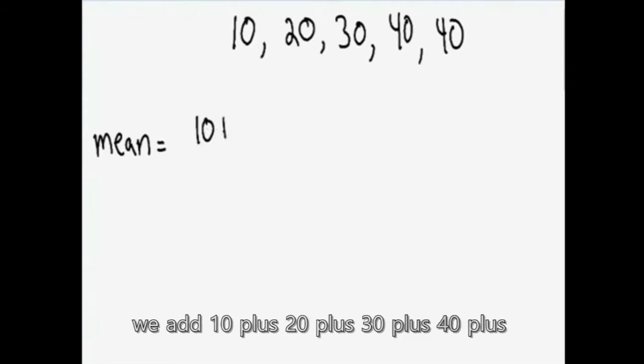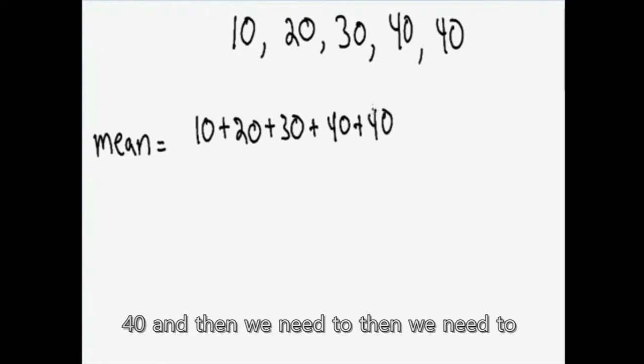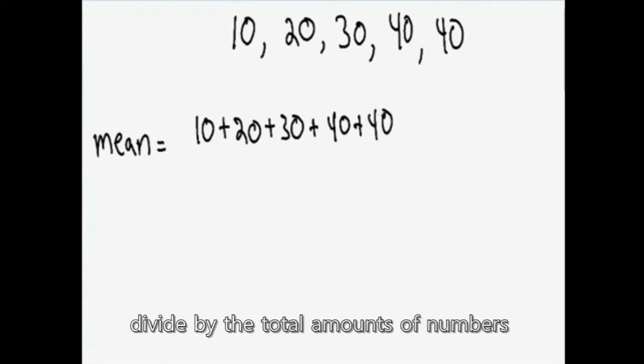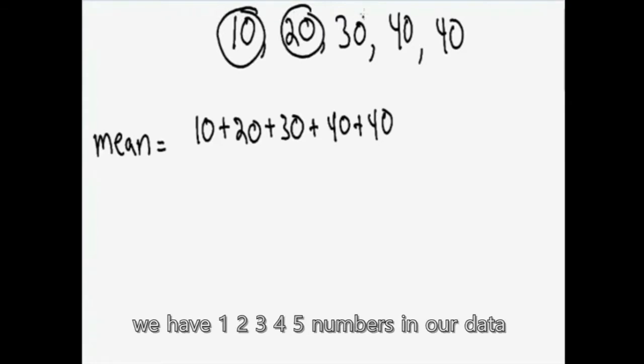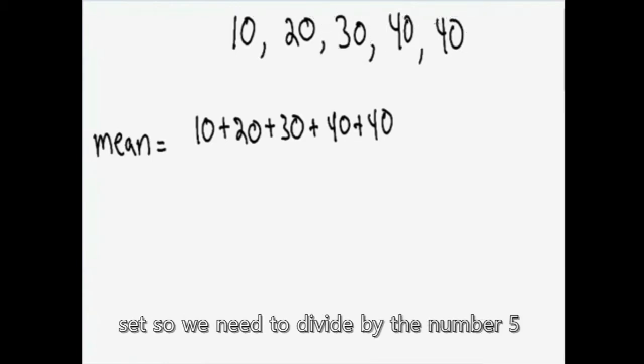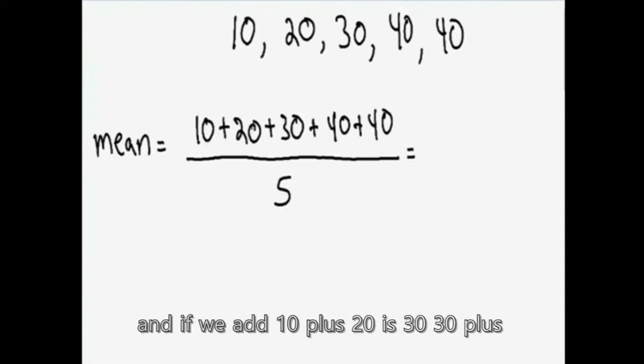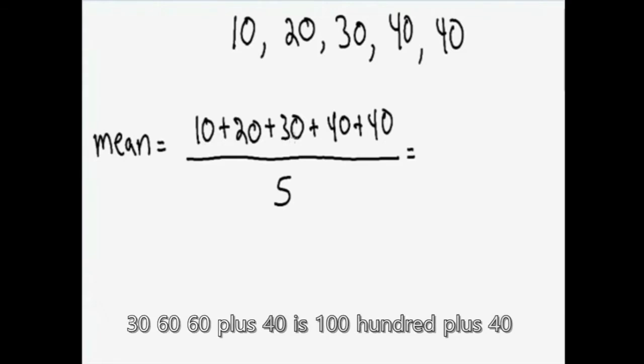We add 10 plus 20 plus 30 plus 40 plus 40, and then we need to divide by the total amount of numbers. We have 1, 2, 3, 4, 5 numbers in our data set, so we need to divide by 5. 10 plus 20 is 30, 30 plus 30 is 60, 60 plus 40 is 100, 100 plus 40 is 140.